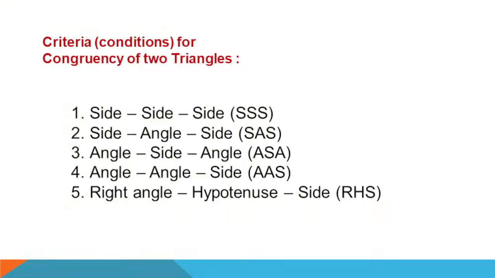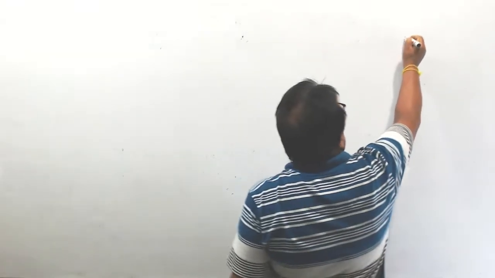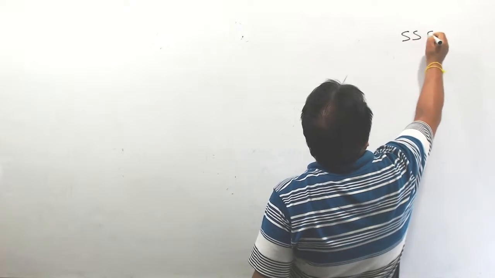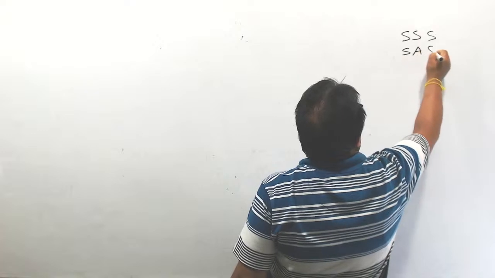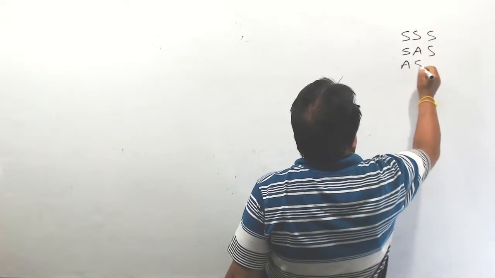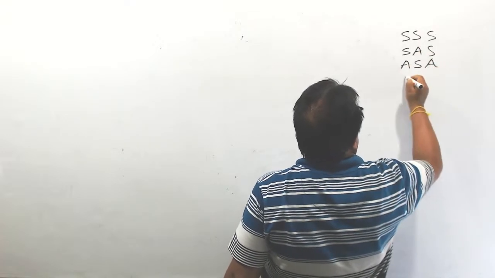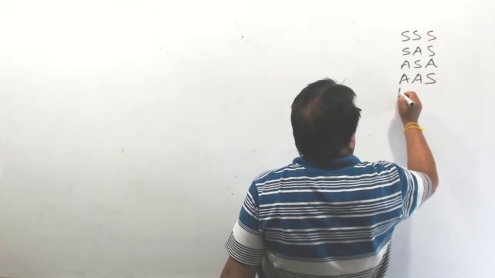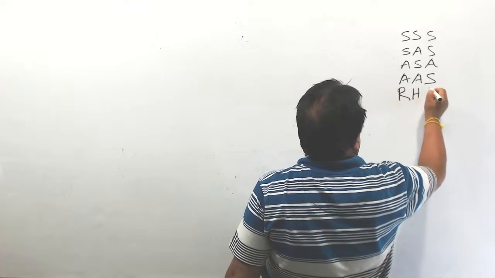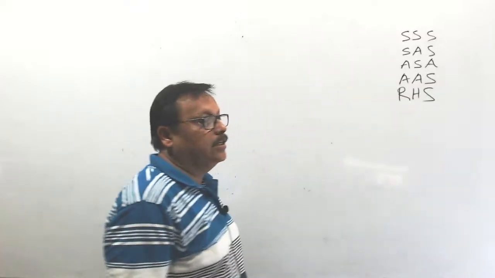First you see, SSS. Okay, SAS. I am writing here. First is SSS. Then second one SAS. Third one ASA. Then AAS. Last one RHS. What are these actually?